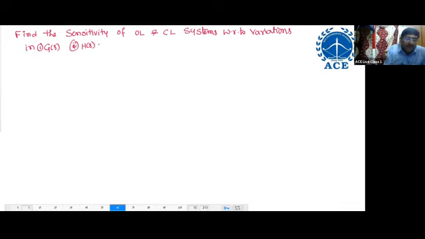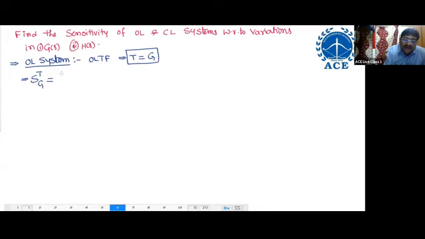So first take the open loop system. What is the open loop transfer function? The open loop transfer function T equals G. Now find S_T^G.